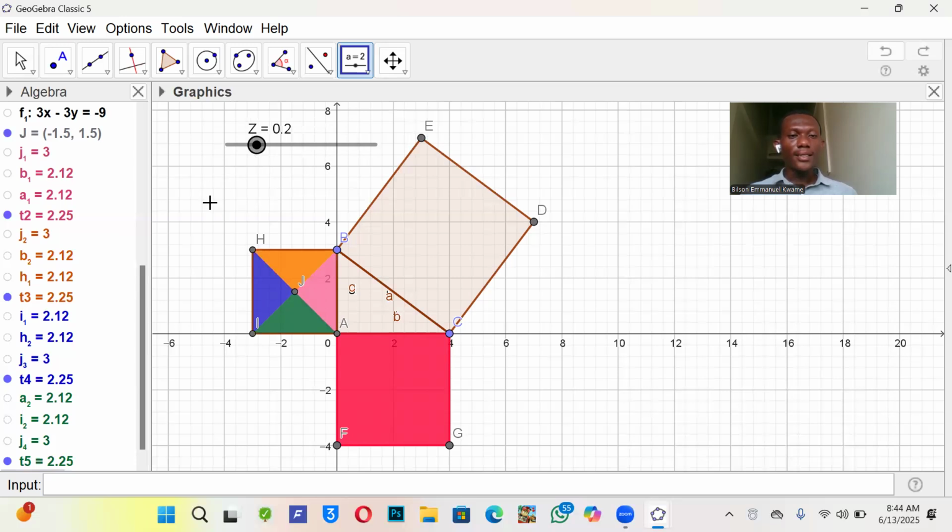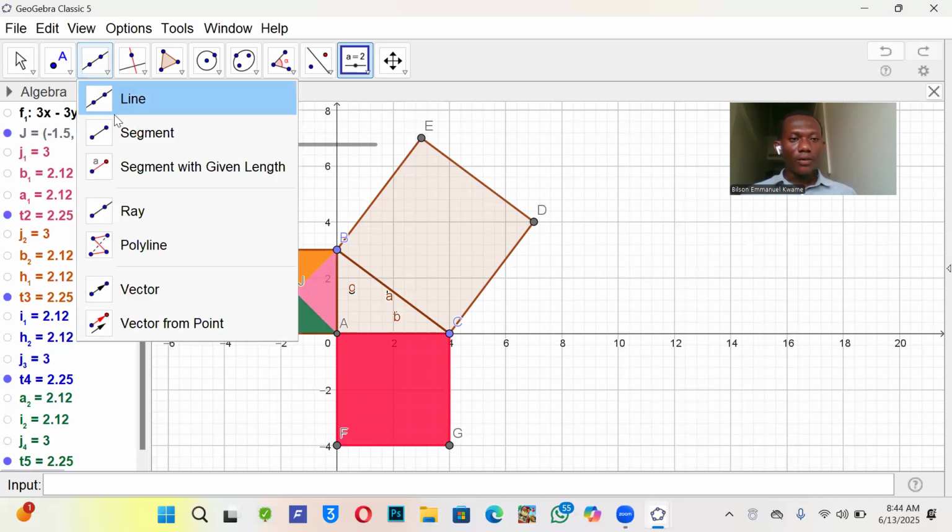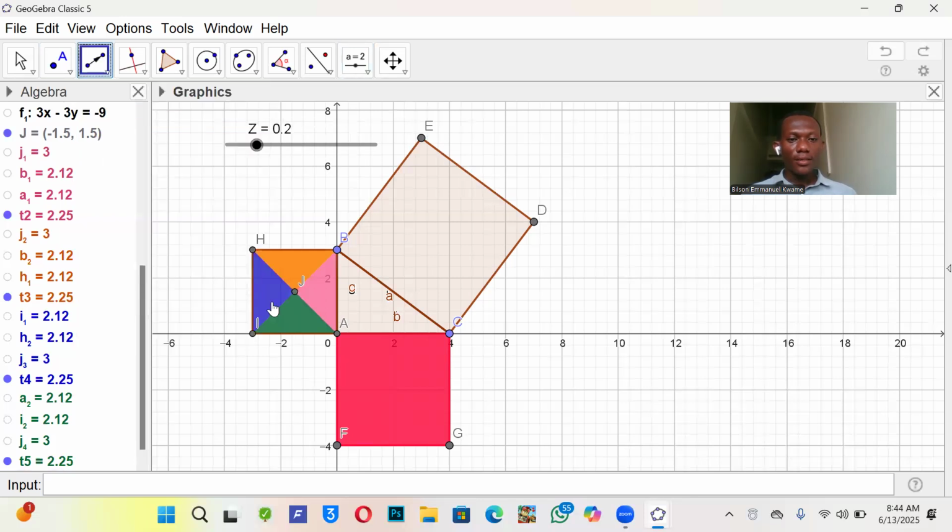You get it? The next thing that we are going to do is to draw a vector, right? We come here, then we activate our vector. Then the vector should be from J. But before we draw the vector, we're supposed to do this.